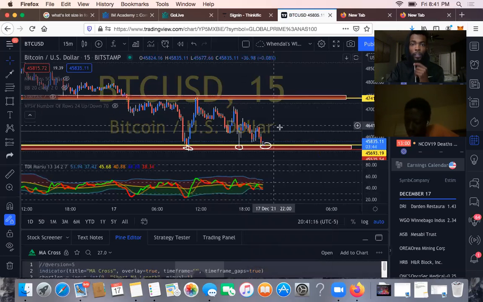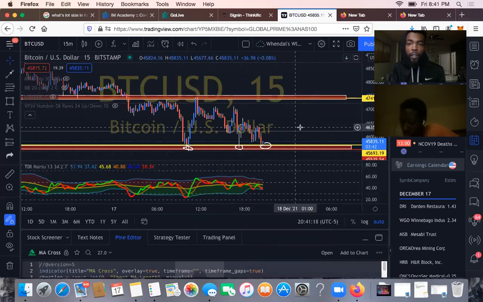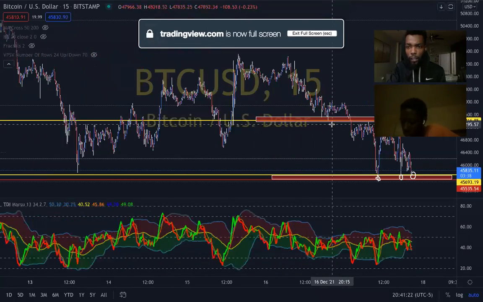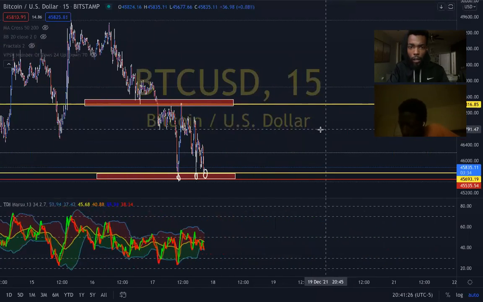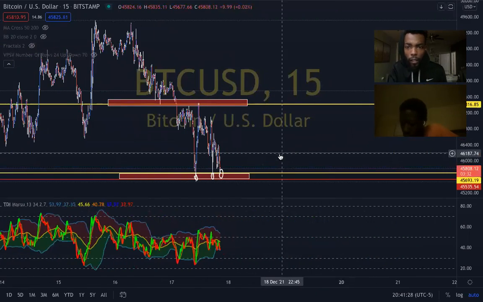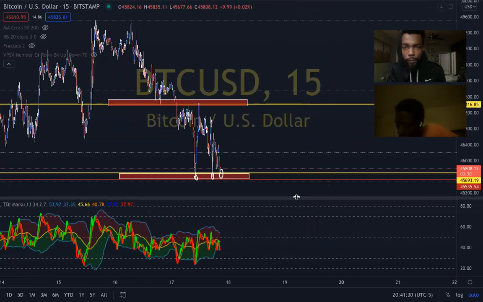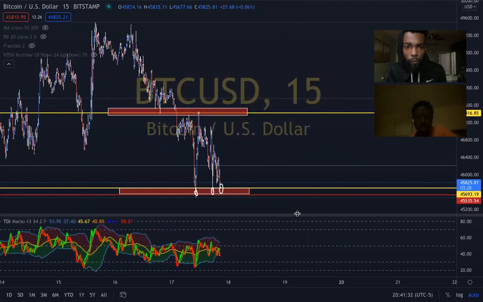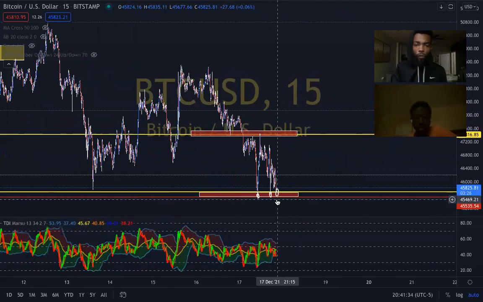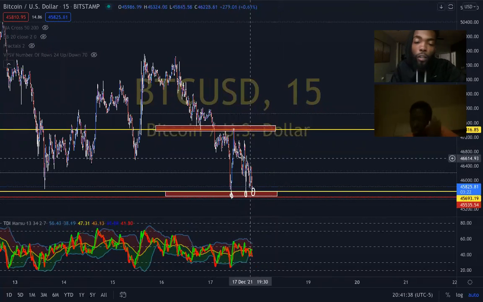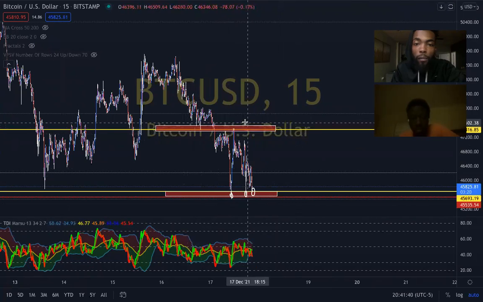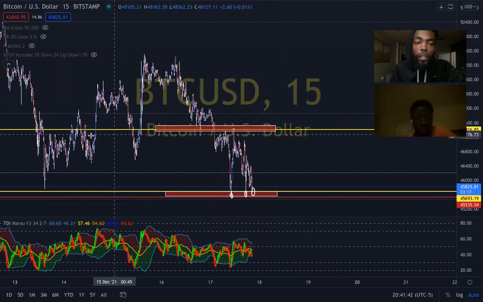All right. The break and retest method is similar to what we did. You still got the same zones marked, which is good.